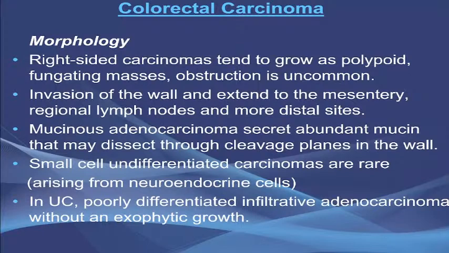Small cell undifferentiated carcinomas are rare, and these tend to arise from the neuroendocrine cells in the GI tract. In ulcerative colitis, poorly differentiated infiltrative carcinomas are often seen without an exophytic growth pattern.